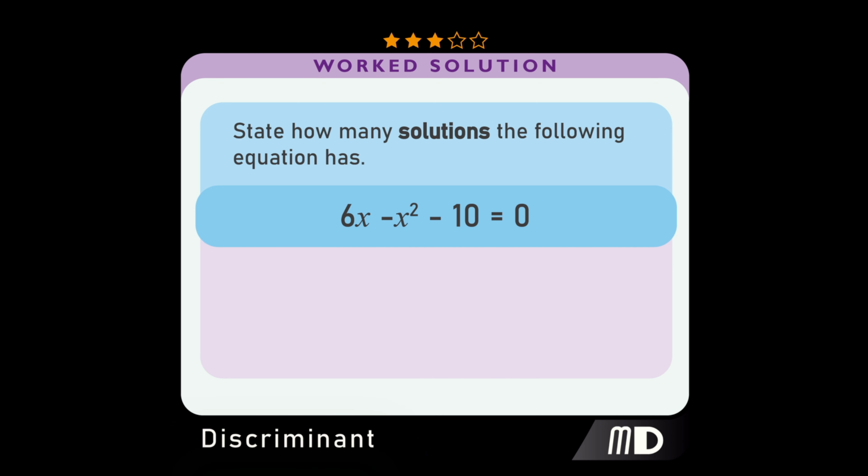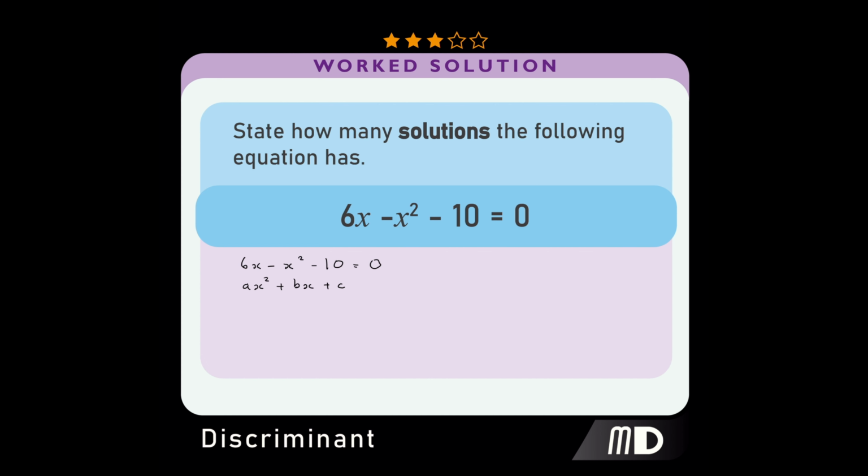We've been given the equation 6x minus x squared minus 10 equal to 0. And the general form of a quadratic equation is ax squared plus bx plus c.